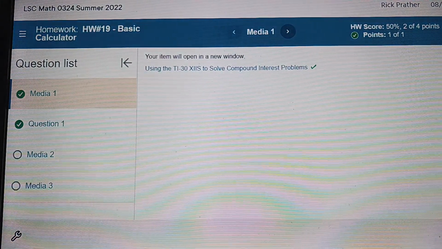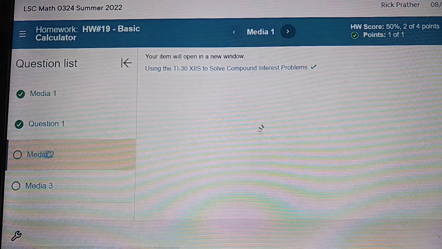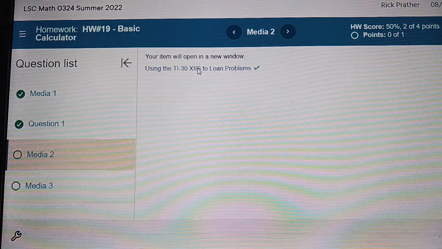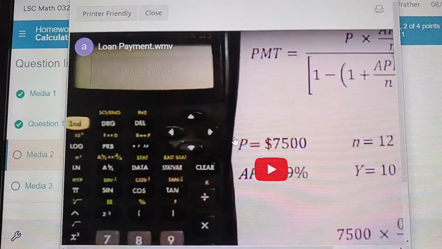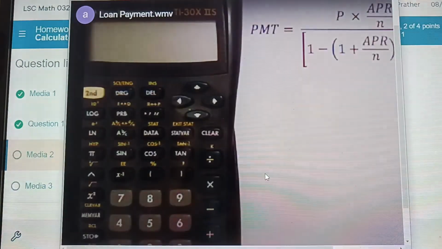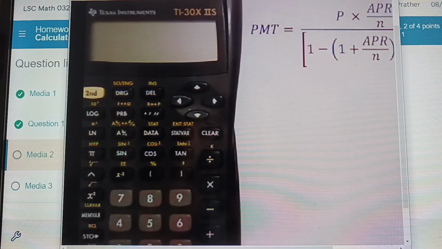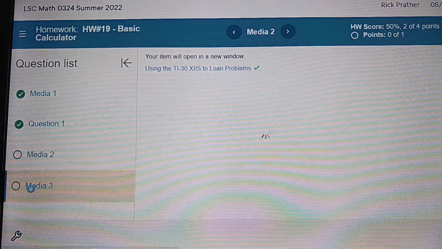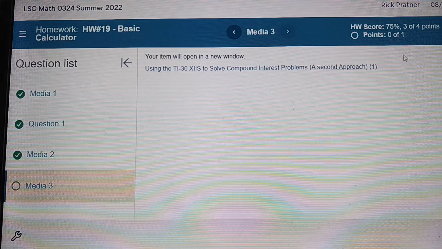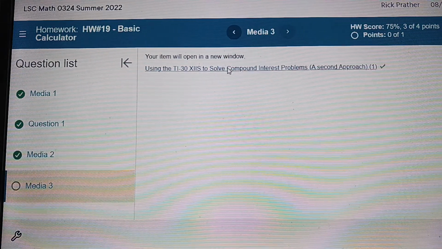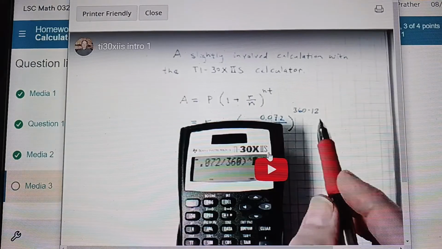It gave me credit just for opening that. And then if I open Media 2, let's use the TI-30X calculator and the loan payment formula. And then if I open Media 3, now I've already got 75%. So you can watch these if you want. They're only 2 minutes long each.